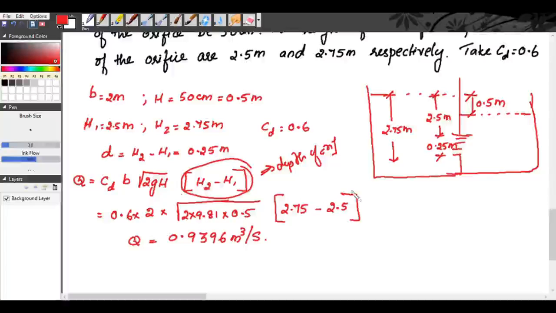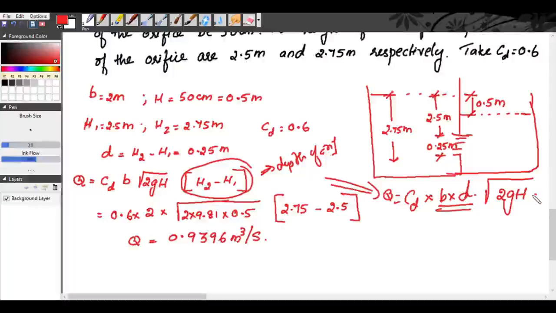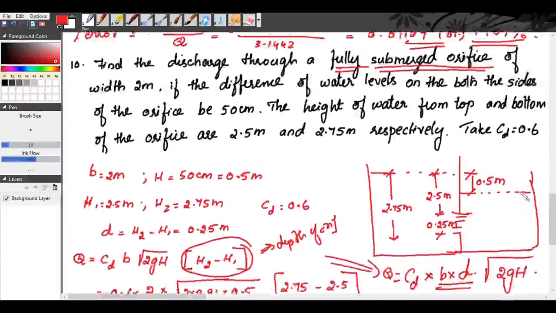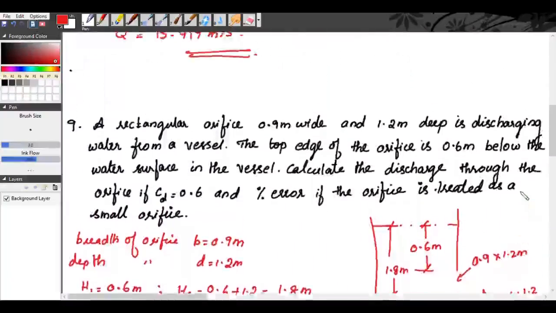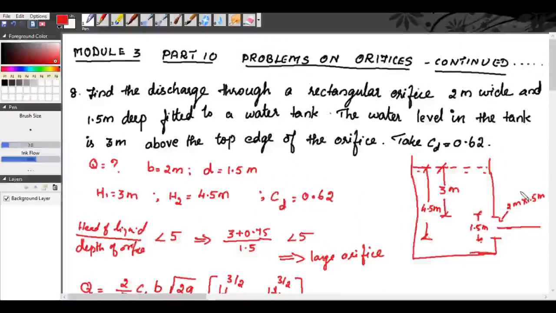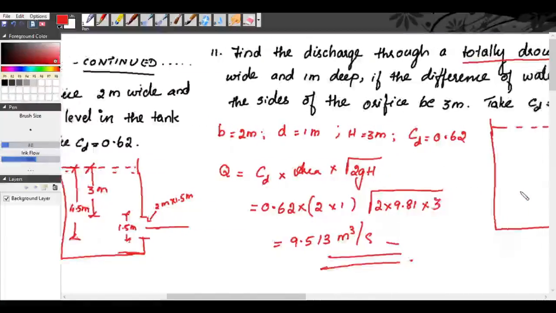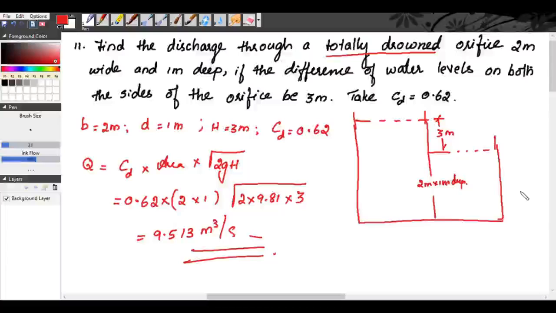That is nothing but, if you are considering the formula, Q is equal to CD into B into D, that is area of the orifice multiplied by square root of 2GH. Okay, so now I think it is clear for you. We will move on to the next problem, problem number 12.